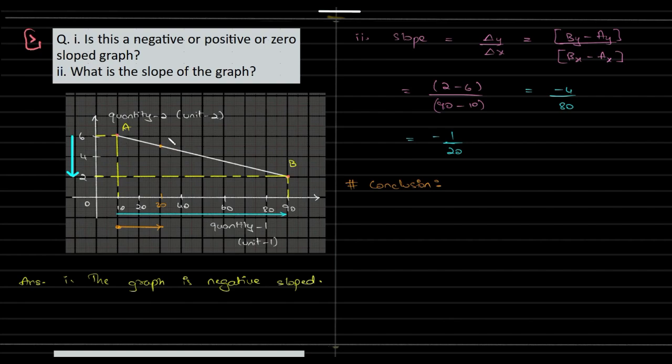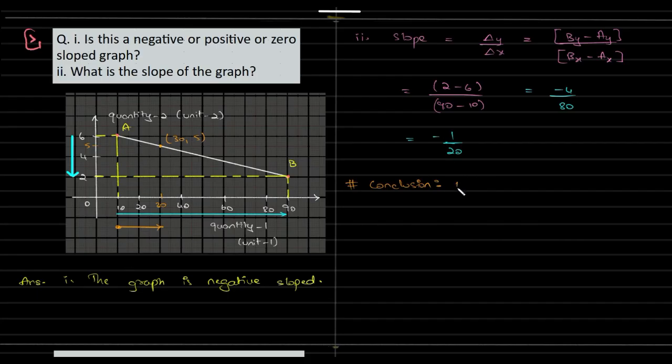This point is 30, 5.5. Can you see that? Sorry, this is 5, not 5.5, this is 5. Because this is 4, right? So this will be 5. We shifted by 1 unit. We decreased by 1 unit.